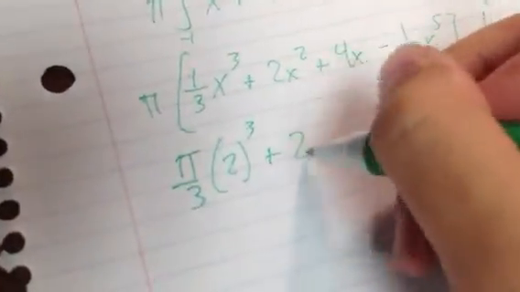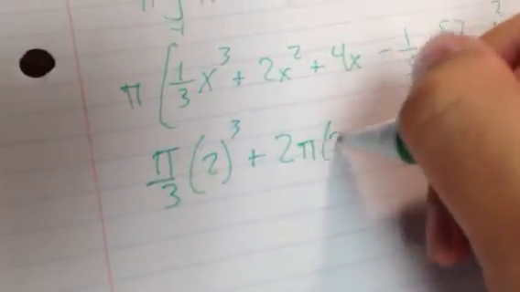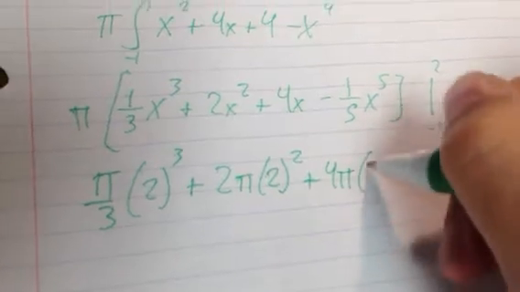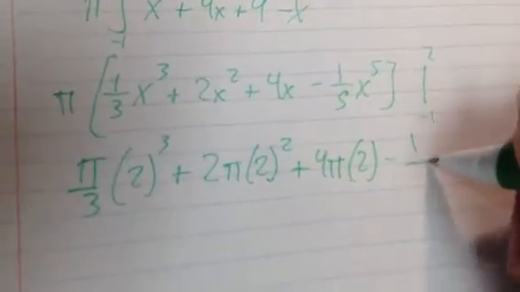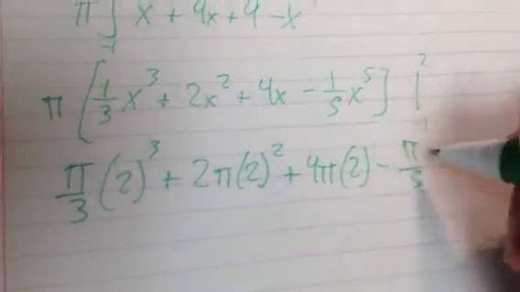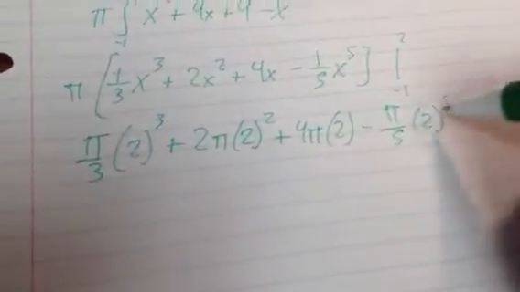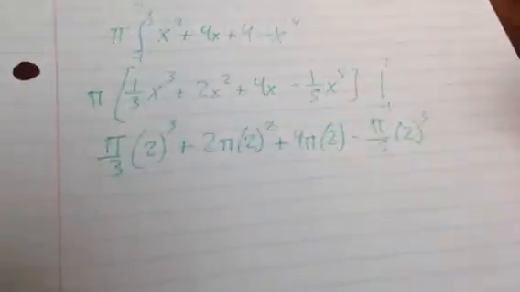Pi thirds of 2 to the 3rd plus 2 pi of 2 squared plus 4 pi of 2 minus pi fifths of 2 to the 5. This isn't the whole function. I'm just writing this part so we can do it in parts. Then we're going to have to subtract. Then after this, we subtract this function with x equals -1. Right now, let's evaluate this so it's not that confusing.